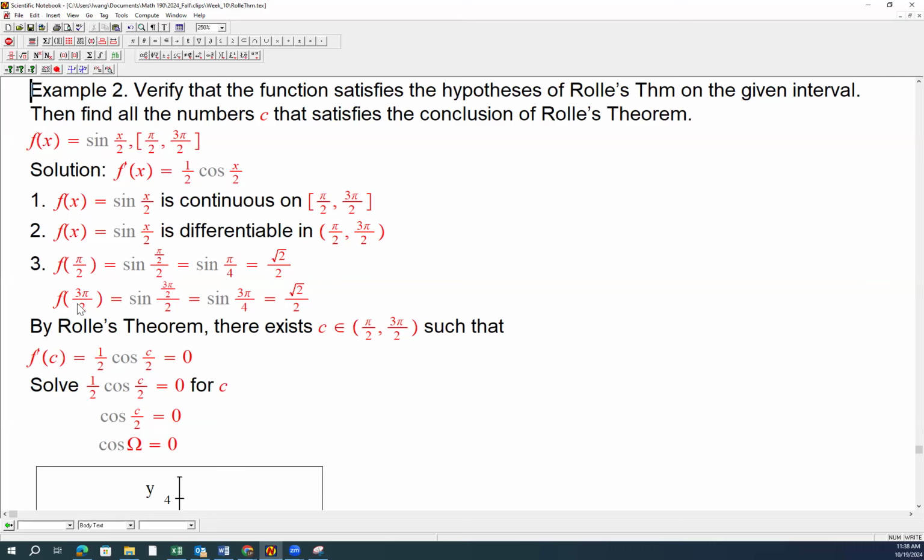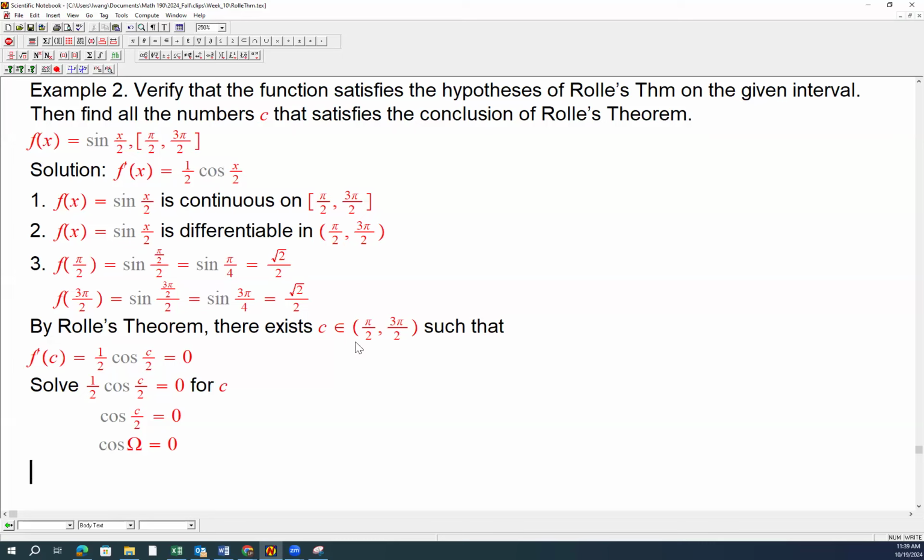Sine of (3pi/2)/2, that's sine of 3pi/4, that's also √2/2. So these two values are the same. All three conditions are satisfied, and then Rolle's theorem applies.